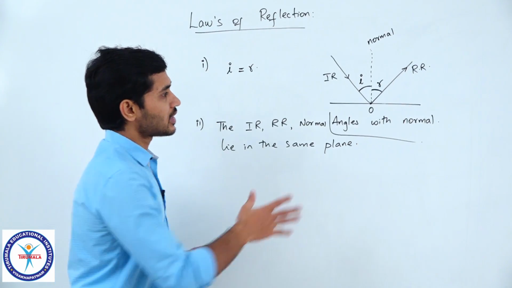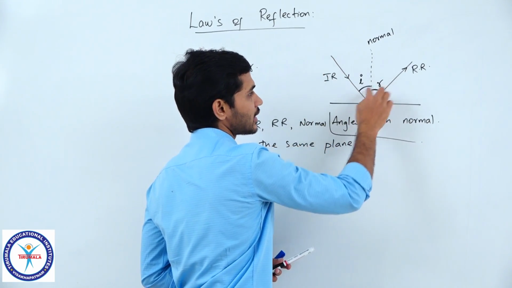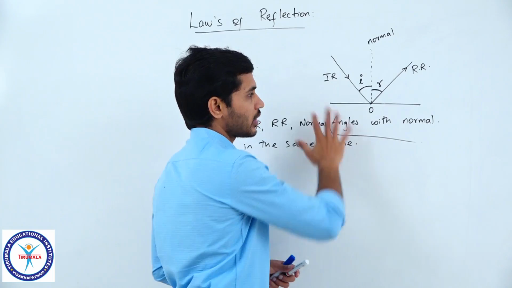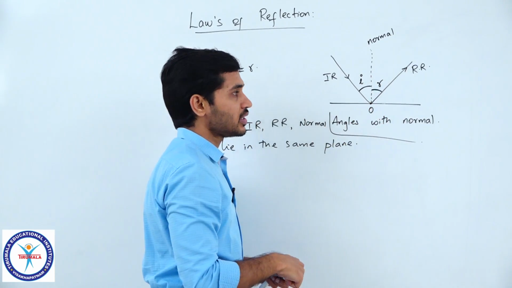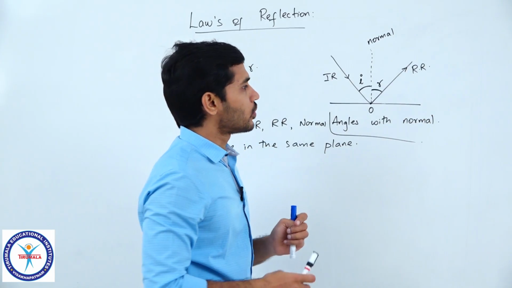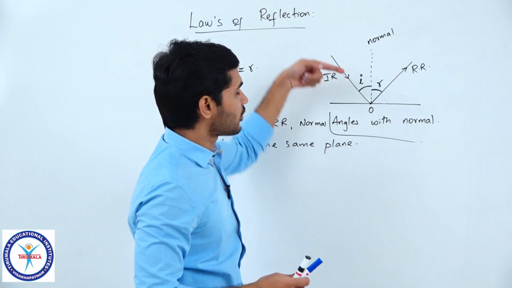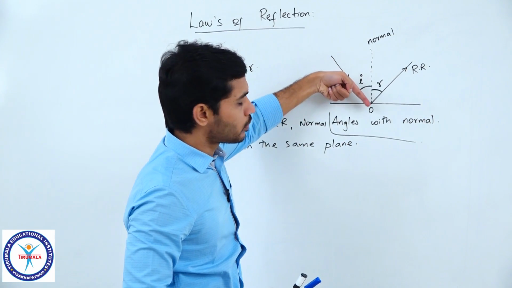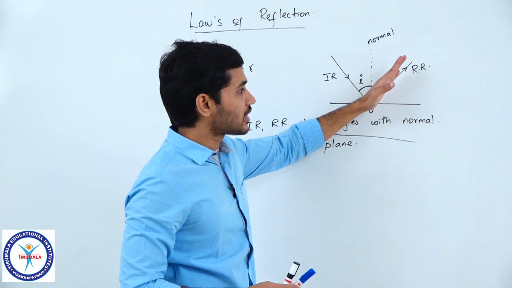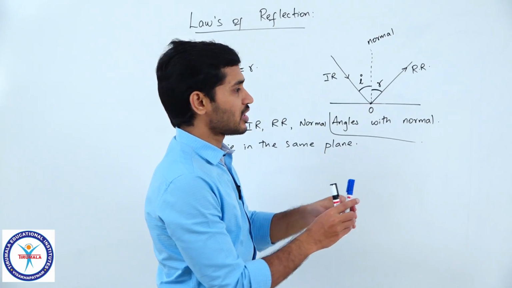What this means is that the incident ray, reflected ray and the normal, all three should lie in the same plane, like in the plane of the board, as you can see. All three here are in the same plane, which is the board. It means that if the incident ray is in the board plane and the normal is in the board plane, the reflected ray can never be outside the board plane, something like this.